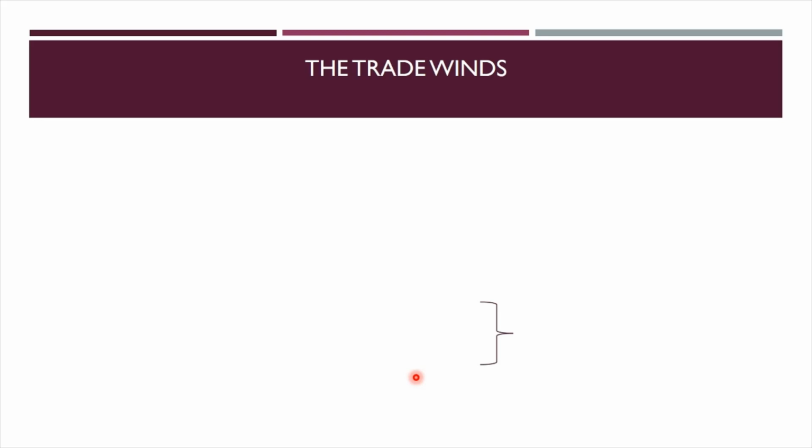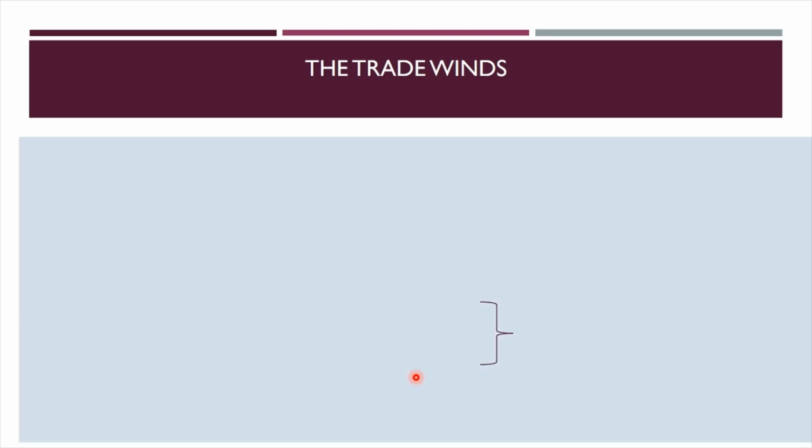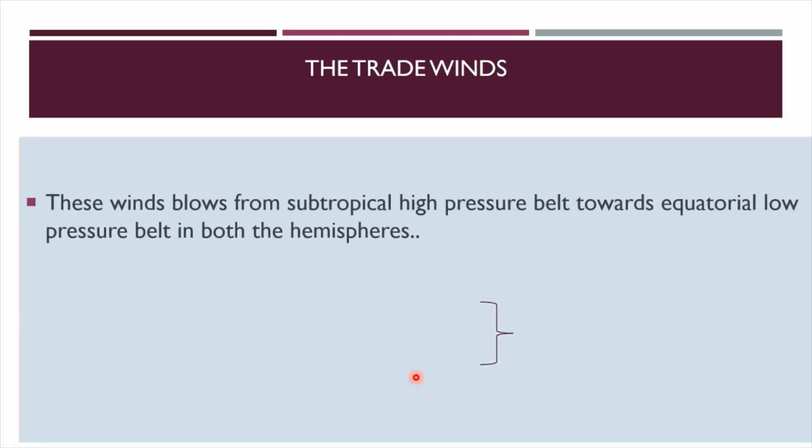Some types of permanent winds. The first one is trade winds. These winds blow from the subtropical high pressure belt. I told you wind always blows from high pressure to low pressure. We already discussed the subtropical high pressure belt and the equatorial low pressure belt in the first video.